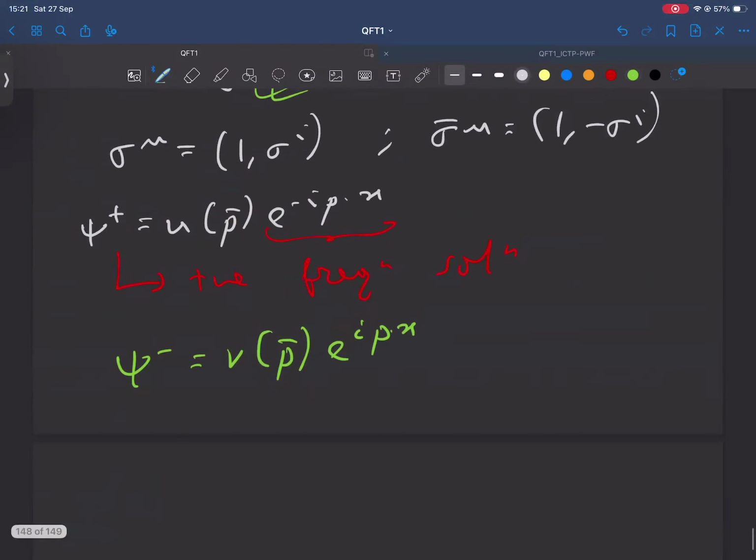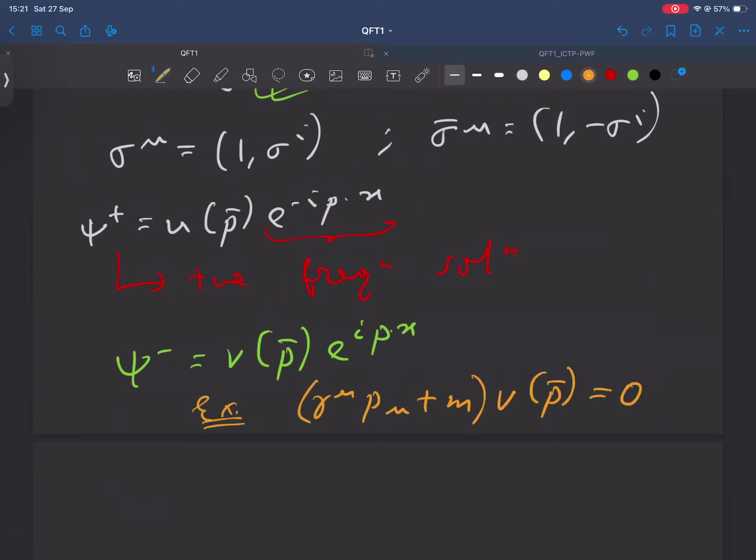You can again show that they also satisfy the Dirac equation, but with a flip. The exercise is that they satisfy this equation instead: plus m v_p equals 0. Now recall that in the Dirac Lagrangian there was this m appearing and not m squared, and I briefly mentioned that m was not the mass parameter.